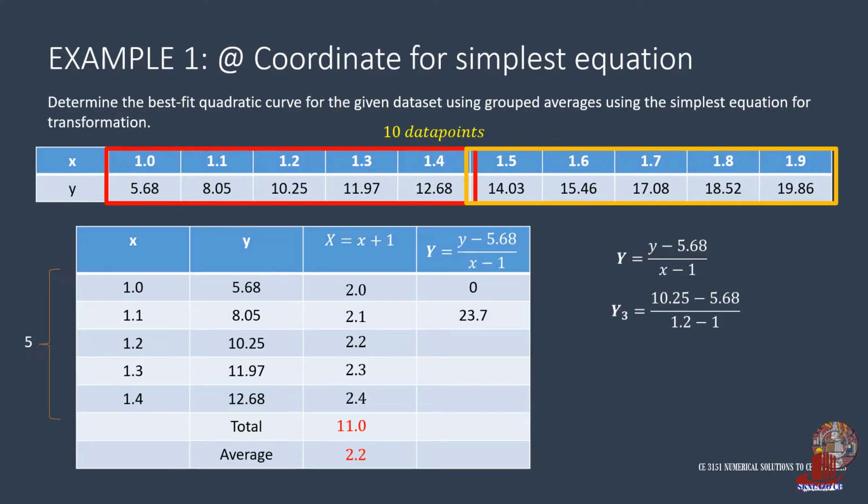The third Y is then solved as 10.25 minus 5.68, and the answer is divided by 1.2 minus 1, which gives 4.57 all upon 0.2, simplified as 22.85.